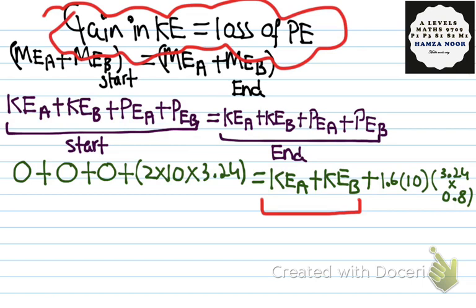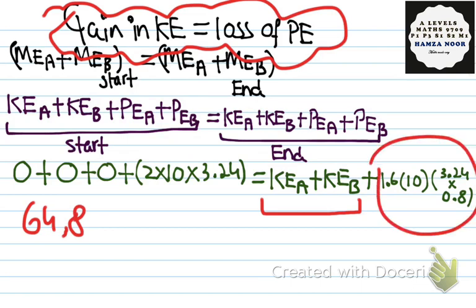Alright, so 2 multiplied by 10 multiplied by 3.24, how much is that? This is equal to 64.8, and this whole thing will now come to the left hand side of the equation, and this will be equal to 1.6 multiplied by 10 multiplied by 3.24 multiplied by 0.8.